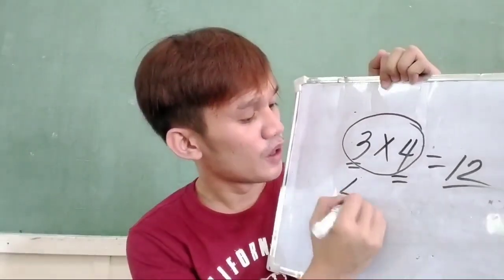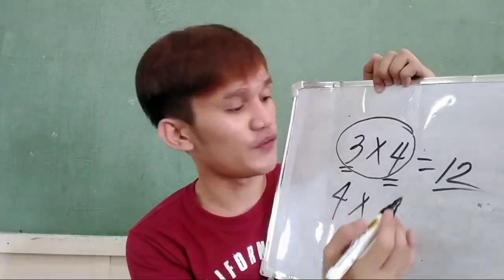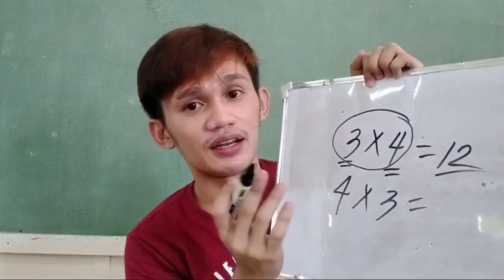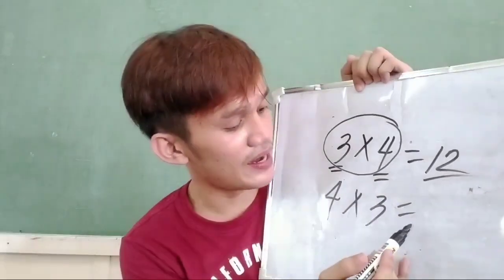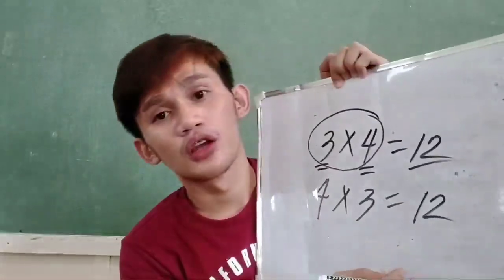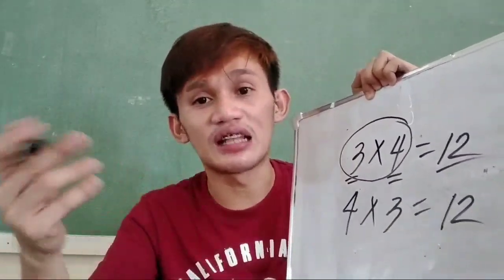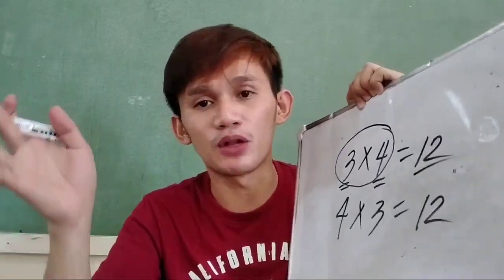So let us see. Let's change the position of the factors. 4 times 3 is also 12. So changing the position of the factors does not affect the product. As simple as that.